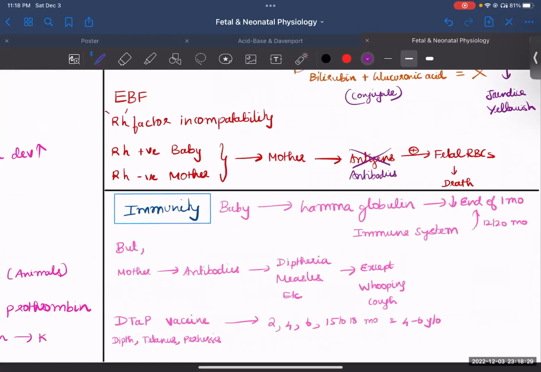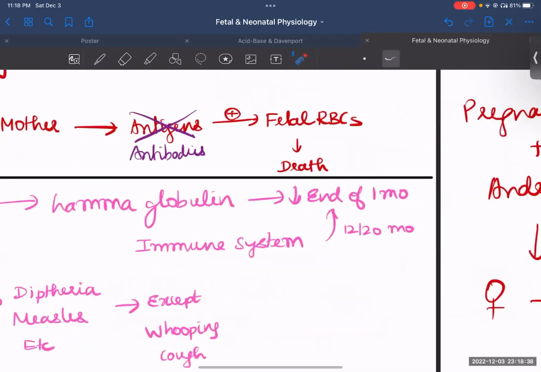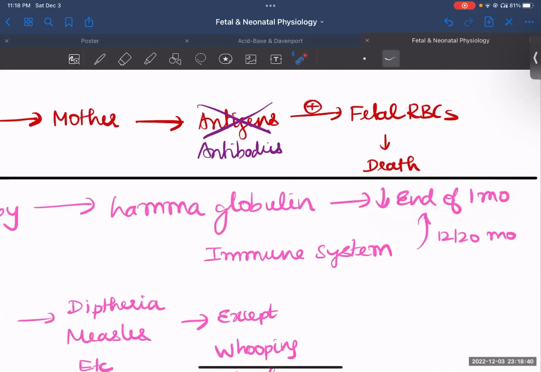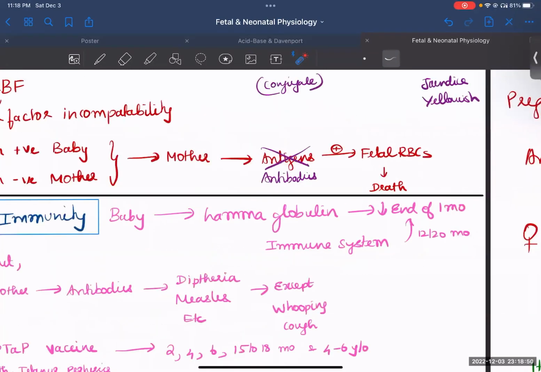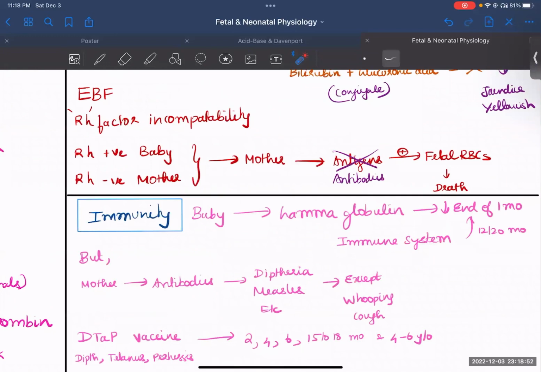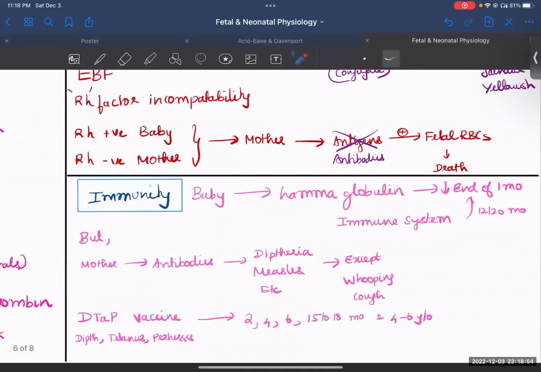Now, immunity. What kind of immunity do we expect in a baby? A baby is going to have lots and lots of gamma globulin. Okay, but this gamma globulin is going to be half complete by the end of 1 month. But the immune system is going to take 12 to 20 months to come back to normal. But till that, who's going to support the baby with their immune function? It is the mother. Mother through the mother's milk and through the placenta before.